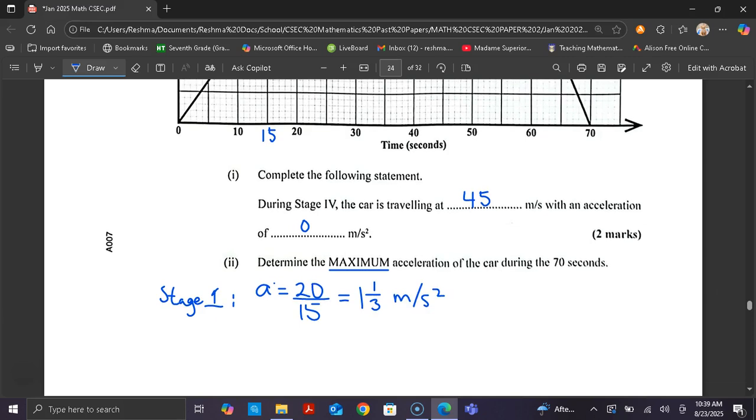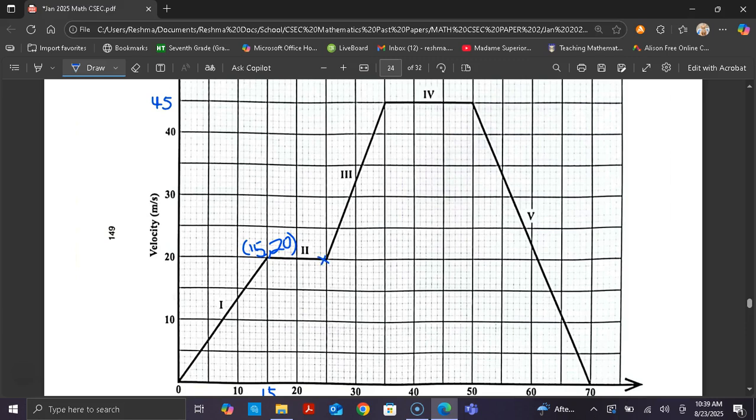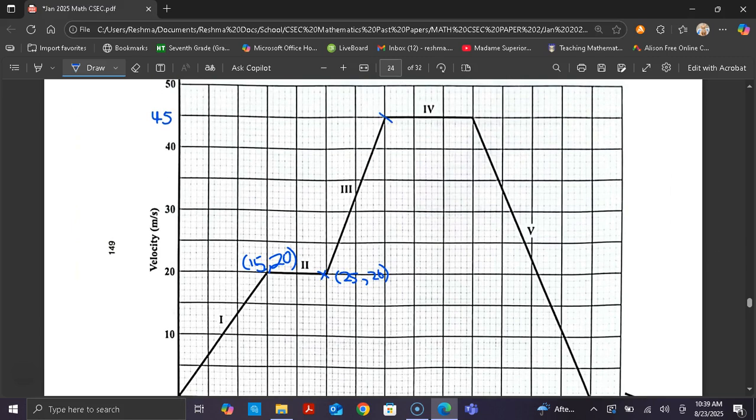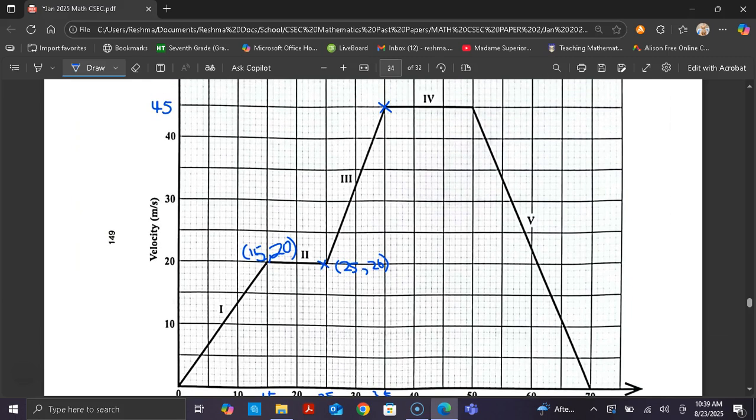So let's calculate the acceleration for stage 3. If we look at stage 3 now, this point here is 25, 20. And then we have the other point, which is 35, 45.